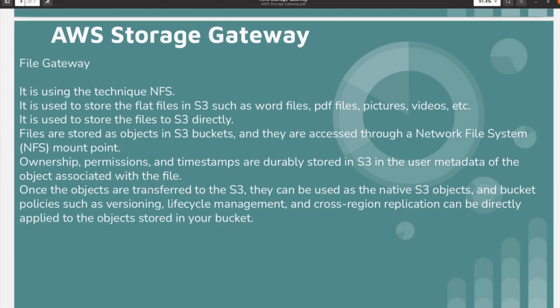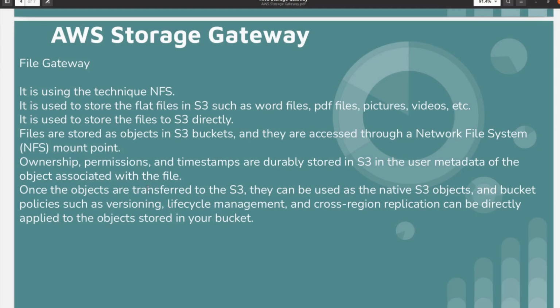So whenever you are uploading any object in S3, there is metadata: the timestamp, who uploaded the object, and the exact time and date when the file got uploaded to the S3 bucket. Those things are called metadata.